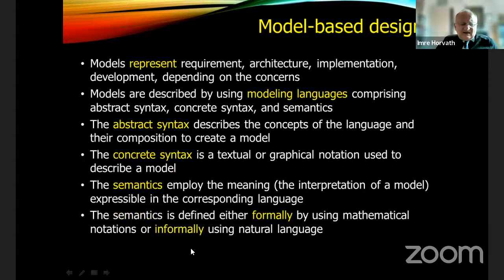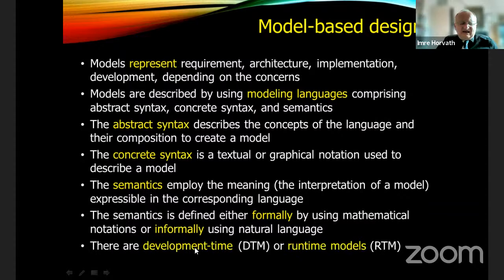So semantics is or can be defined either formally by using mathematical notations or informally using natural language. And these obviously do not play an equal role inside physical system development, because we prefer to use representations which are formal, based on mathematical notions, but sometimes we cannot get so far due to the intuitive nature of the information set that we want to represent.